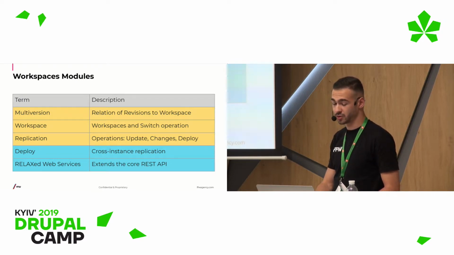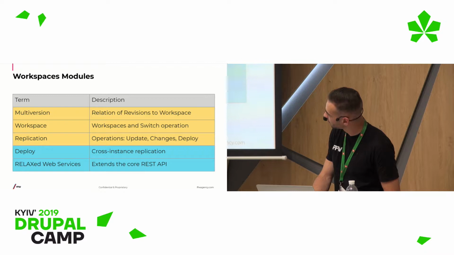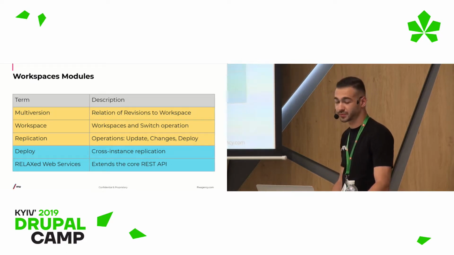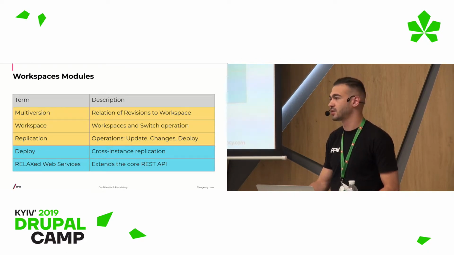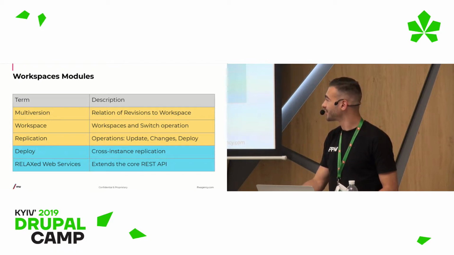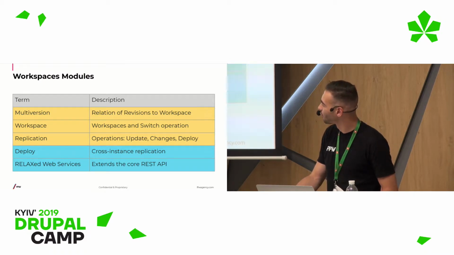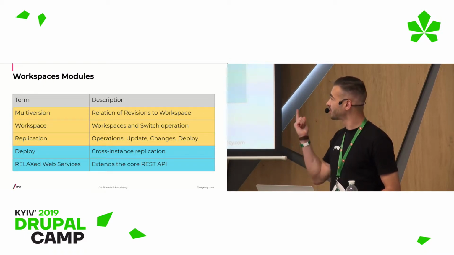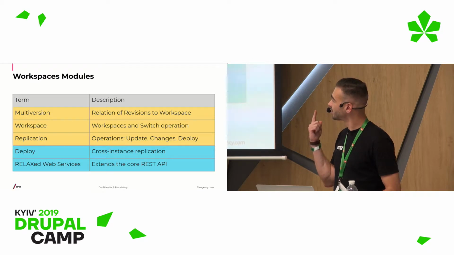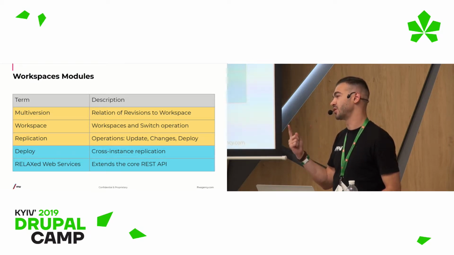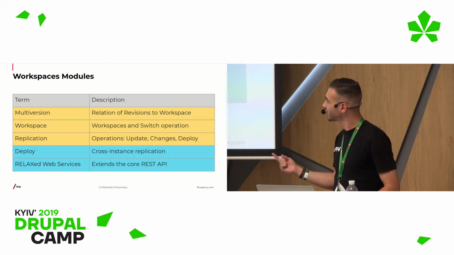It's a set of five modules: multiversion, workspace, replication, deploy, and relaxed web services. You see they're highlighted in different colors, and you will later figure out why. Multiversion brings the relation between the revision and the workspace.